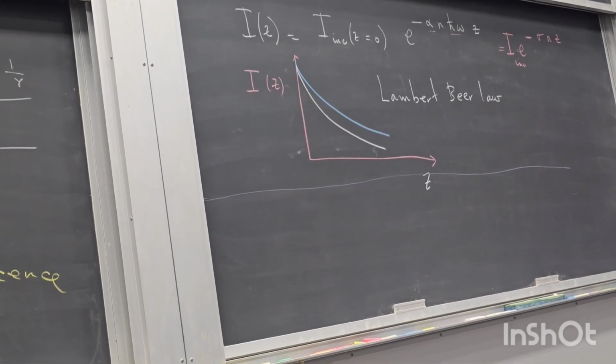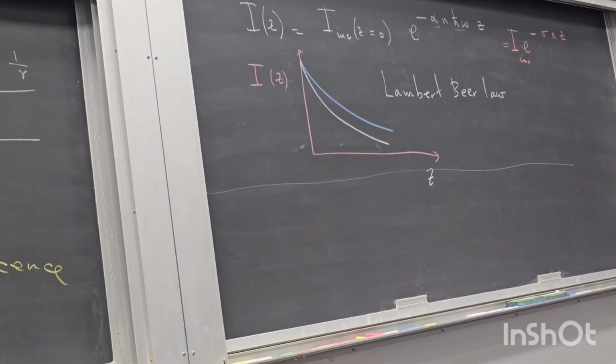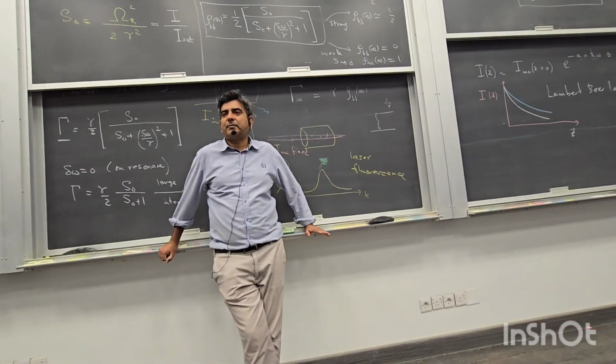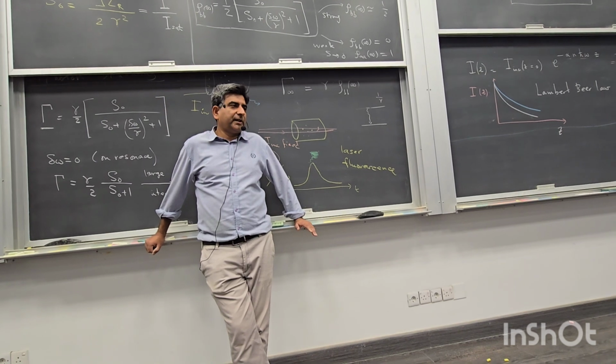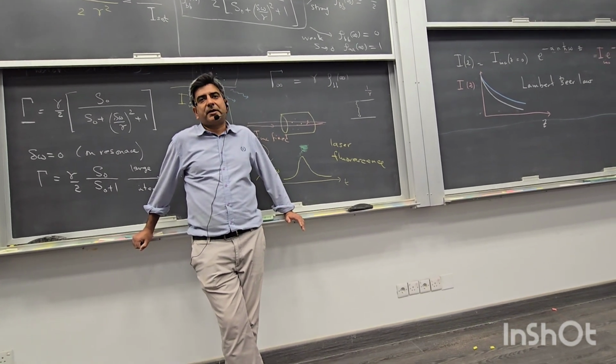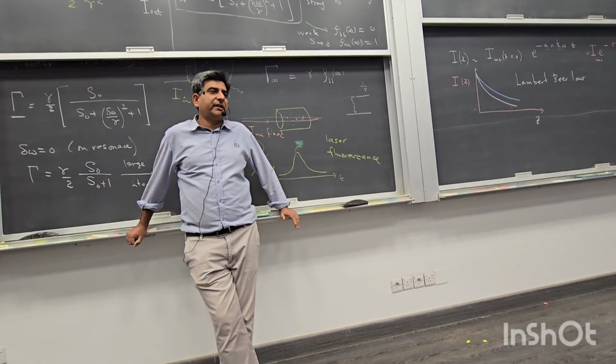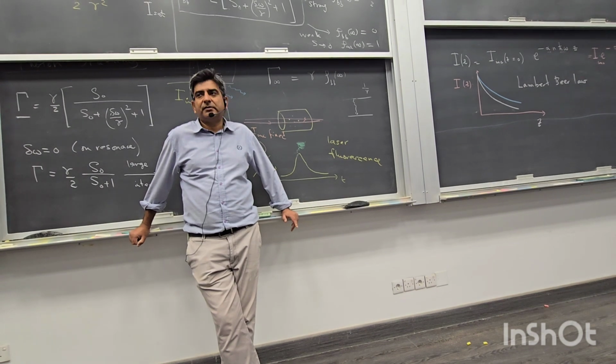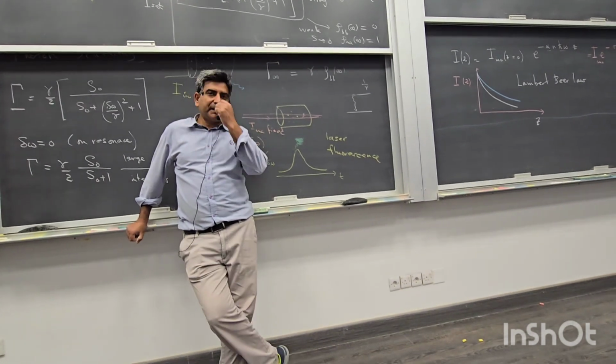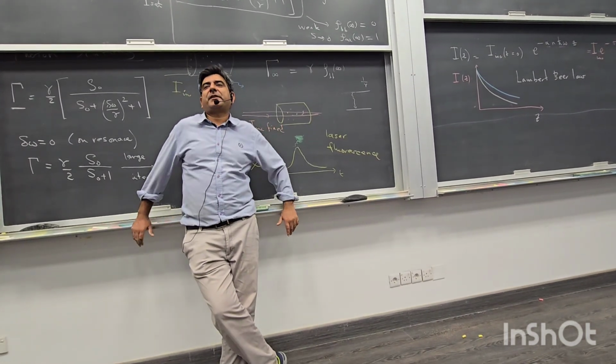So I want to ask if everyone is familiar with the idea of the harmonic oscillator. You all know the quantized harmonic oscillator. You know that its energy levels are quantized, it has a parabolic potential, and you know the creation and annihilation operators.